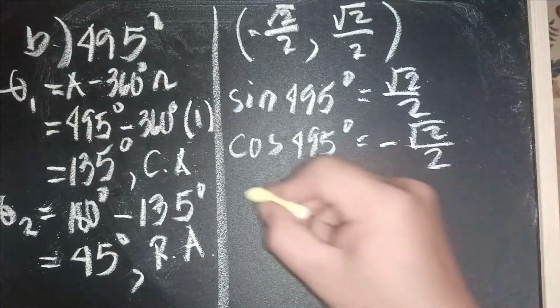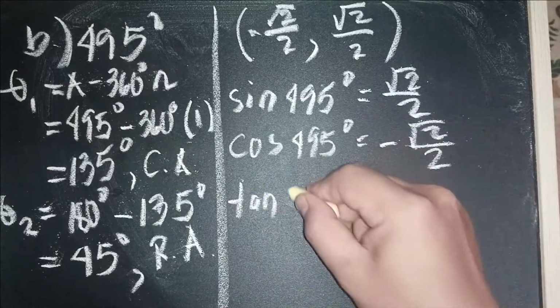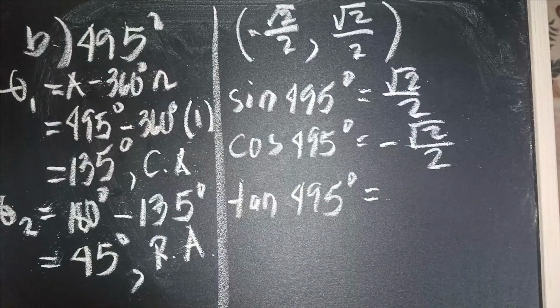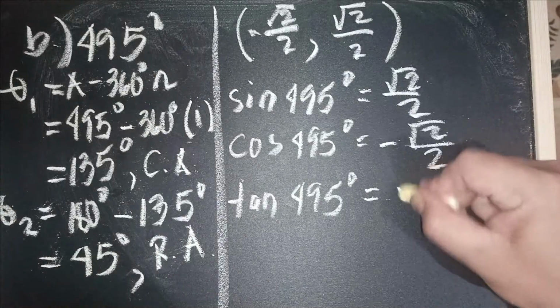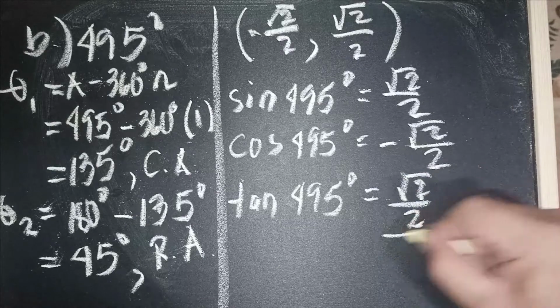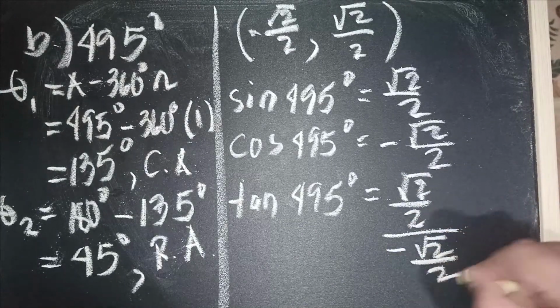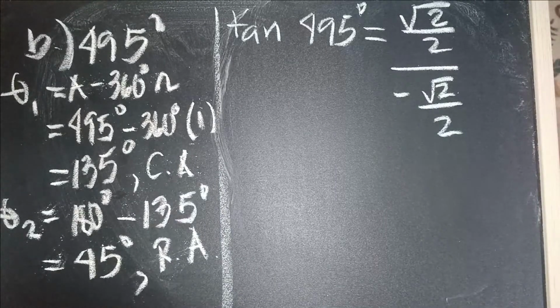So, next, we can now solve for the tangent 495 degrees kasi nakuha na natin yung value ng sine tsaka cosine 495 degrees. That is equal to y, that is square root of 2 over 2, divided by x, that is negative square root of 2 over 2. So, tangent 495 degrees is equal to square root of 2 over 2 divided by negative square root of 2 over 2.